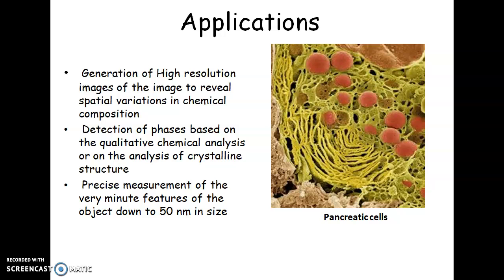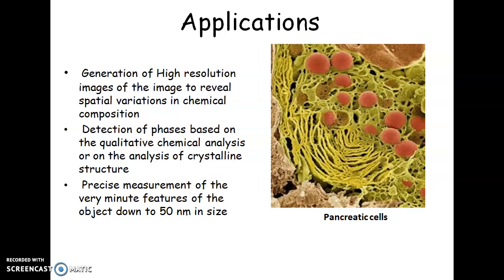Phases in the sense that when we observe things both qualitatively and quantitatively, we can identify the different phases of that chemical analysis or crystalline structure of a compound, in which stage it is generally formed, or in which stage it is under consideration.